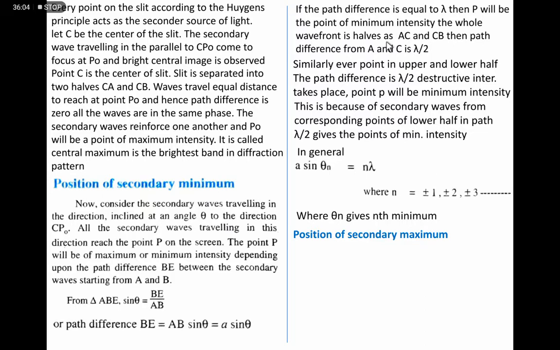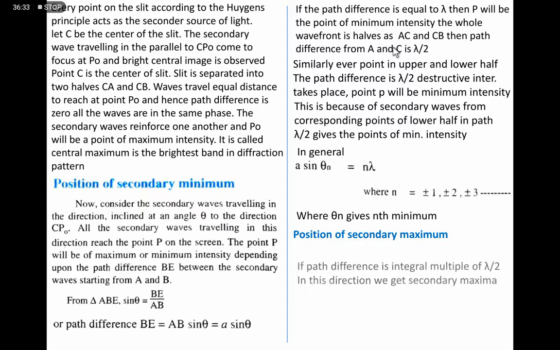Once again, the conclusion is very simple. C is the center of the slit, and the slit is separated into two equal parts. If the waves emitted from these two halves have a path difference of an integral multiple of lambda, then we get minima.